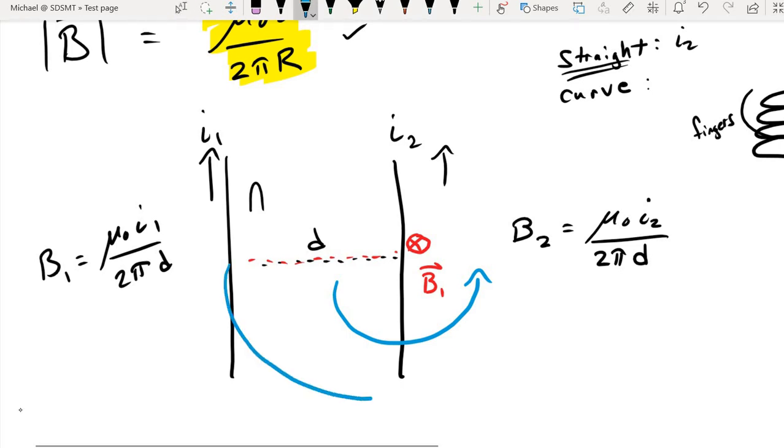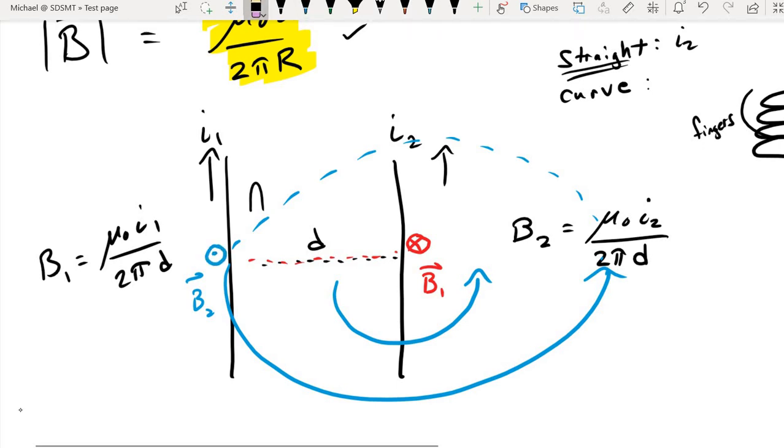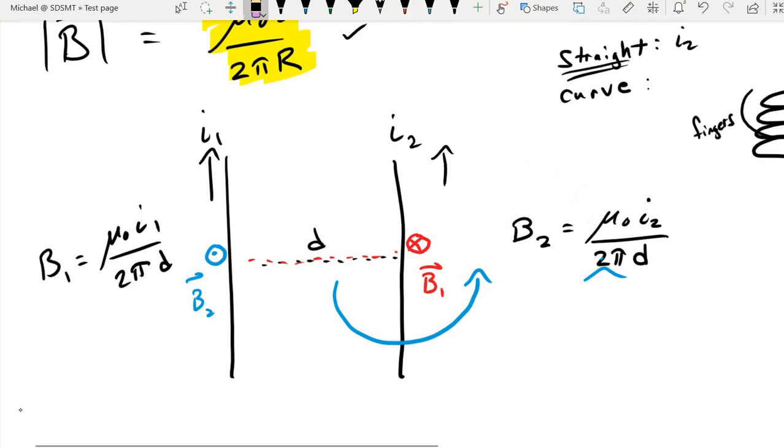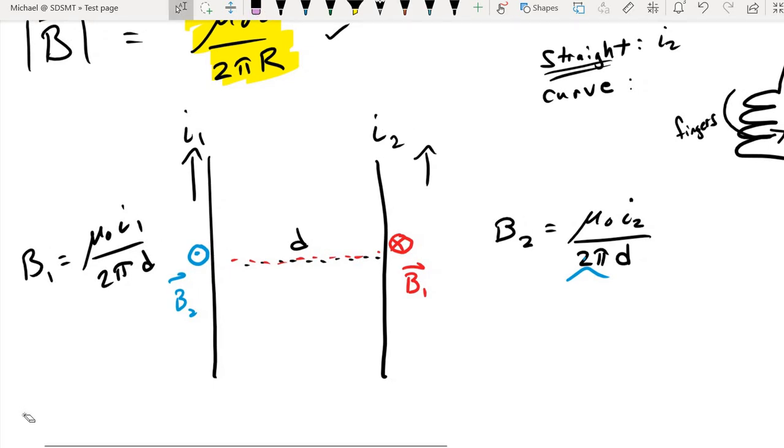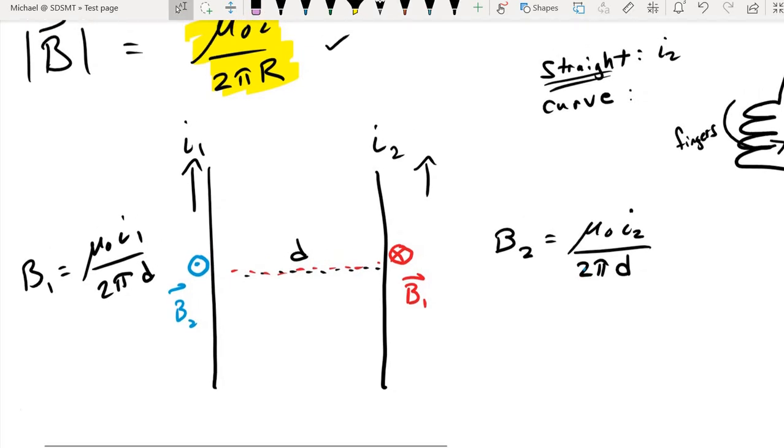Well, if we make that field line bigger, field 2 is orbiting around wire 2, but it's actually going to be coming out of the page when it intersects with wire 1. So now we can see which way all of the currents are pointing, and which way the magnetic fields are pointing with respect to the two wires.